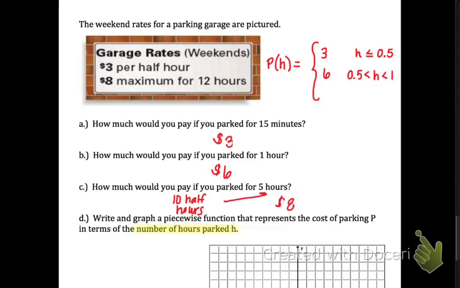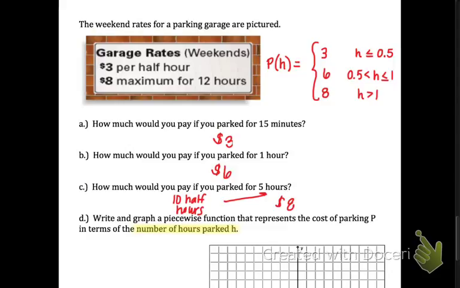That would actually include 1, because 1 hour would be the $6 price. As soon as I exceed 1 hour, anything over 1 hour is going to cost me $8. So that's for all values of H that are greater than 1. Super weird kind of idea.